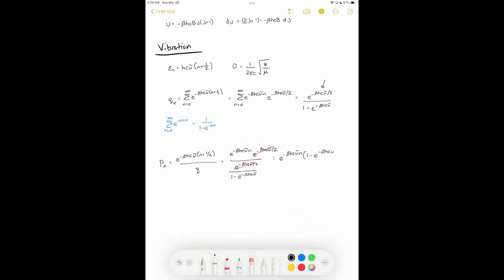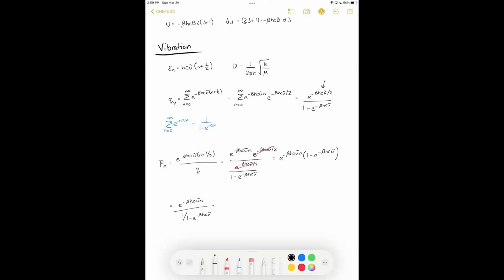beta hc nu. Now, if I were to do this without using the zero-point energy, what I would have is simply e to the minus beta hc nu n, and then divided by q. Now, q would not have this zero-point energy, so q would be 1 over 1 minus e to the minus beta hc nu.